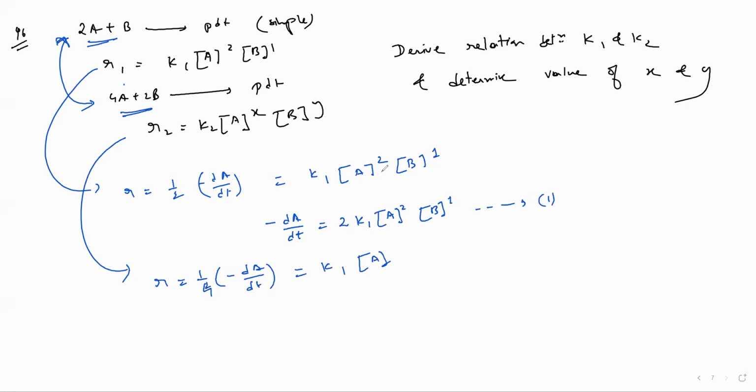What should be the equation? In this case, power should be 2, because a simple reaction is given. In a simple reaction case, order should not be changed. So x value is 2, y value is 1. Now what is the relation between K1 and K2? In this case, we can say this one is K2. So rate equals 4K2. Here rate equals 2K1.